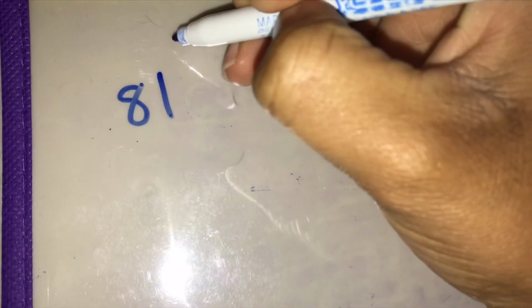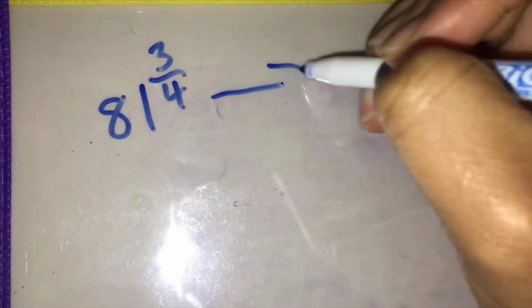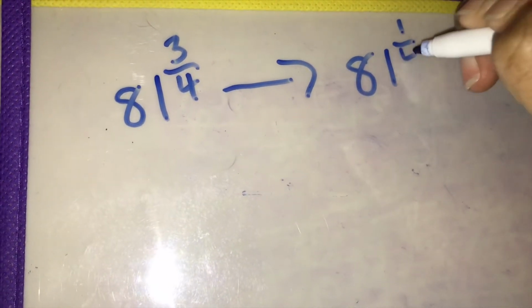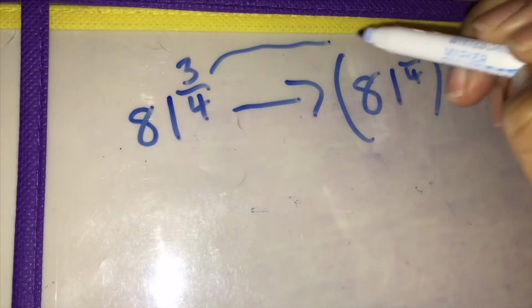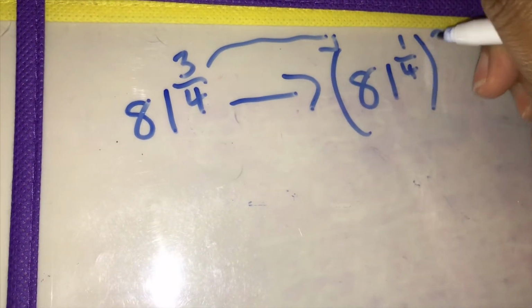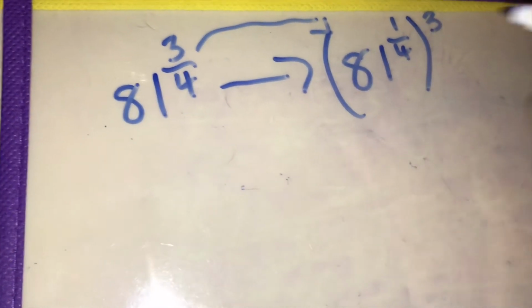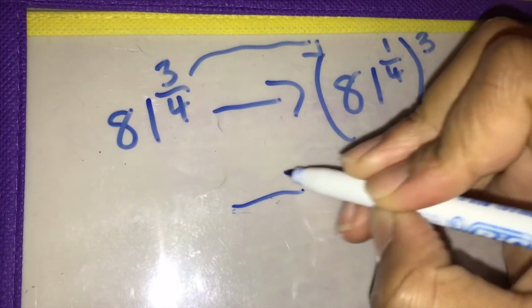Let's try a few more. So let's try 81 to the power of 3 over 4. Same thing, we're going to change this into 81 to the power of 1/4, but we're going to put this to the power of 3. So whatever that is, we're going to cube it afterwards. Let's just do arrows, it's easier.